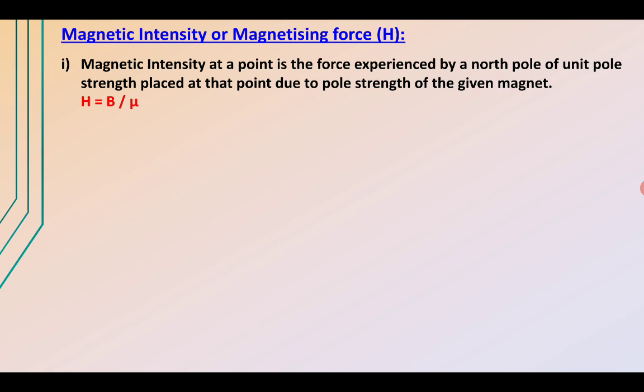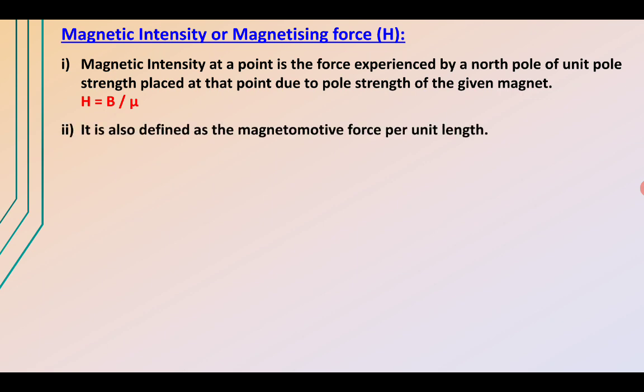So this is the magnetic intensity, and it is also defined as the magnetomotive force per unit length. Many other terms are related to this magnetic intensity.